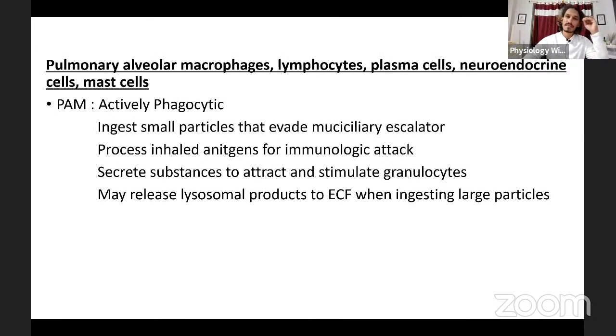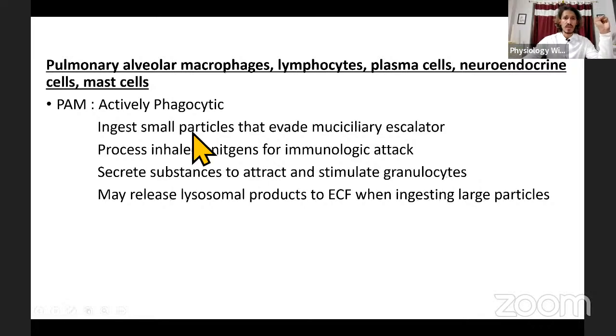Then again, we have different types of cells in the body. One important cell is pulmonary alveolar macrophages. They are important in phagocytosis. Okay, whatever particles evade the mucociliary escalator mechanism will now be ingested by them.